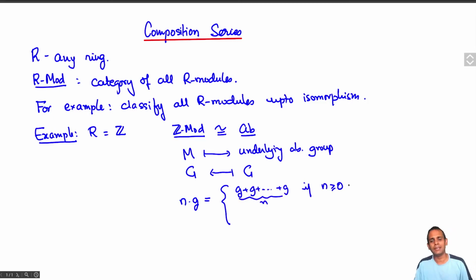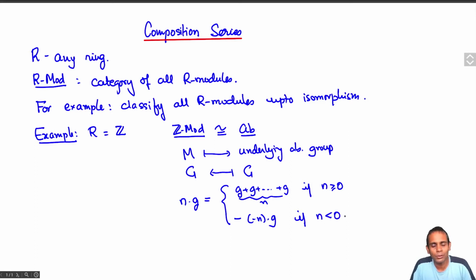In particular, if n is equal to 0, then n·g is 0, the identity element of the abelian group. And if n is negative, then you take it to be minus of (minus n)·g. Minus n would then be positive, and so this would make sense by the earlier case if n is less than 0. And so an abelian group becomes a Z module.